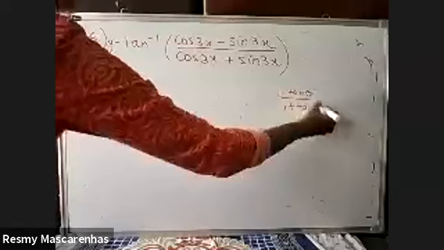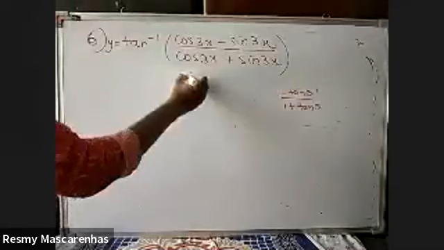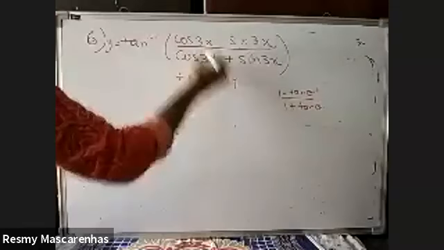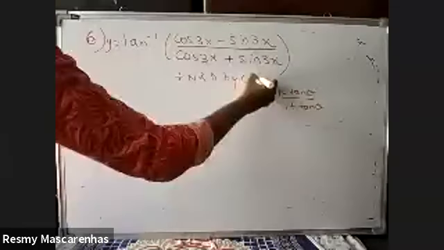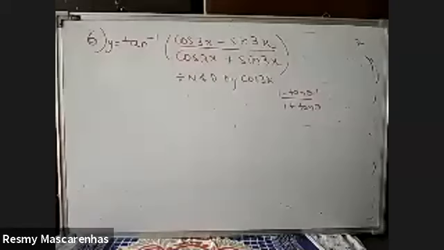So in order to make this, you have to divide numerator and denominator by cos 3x.